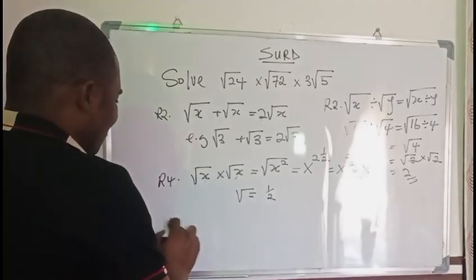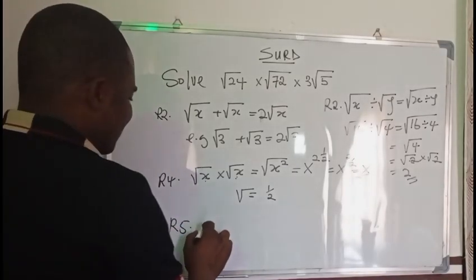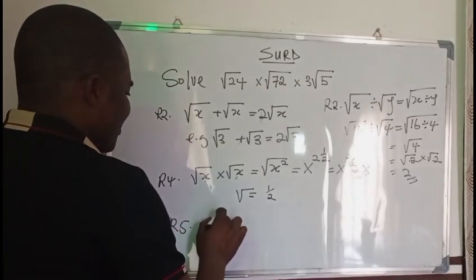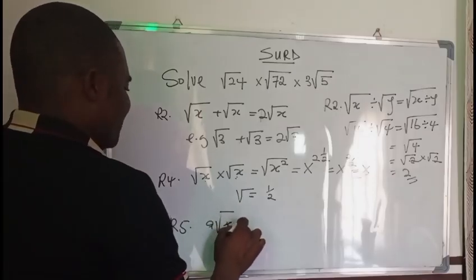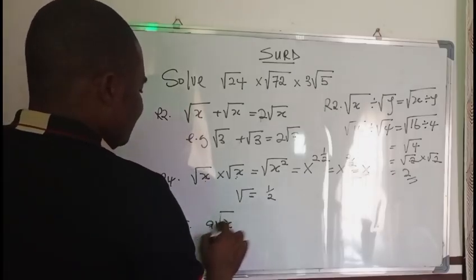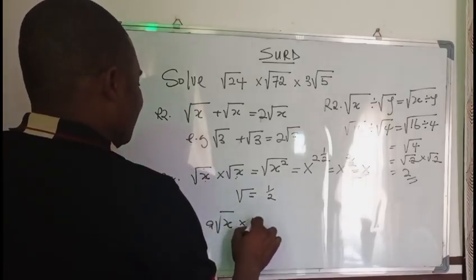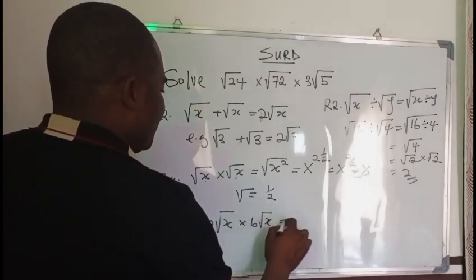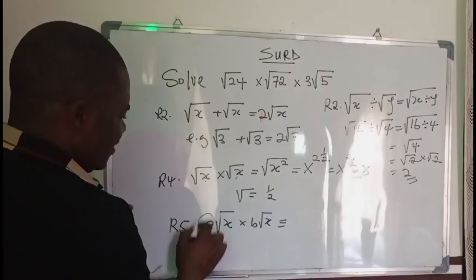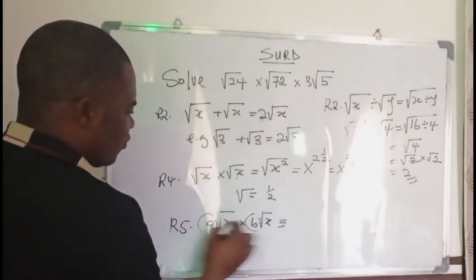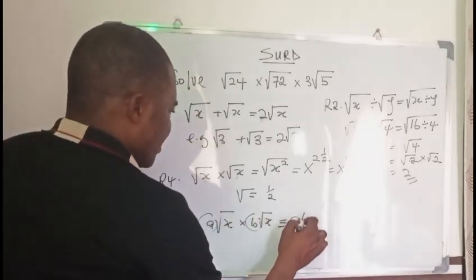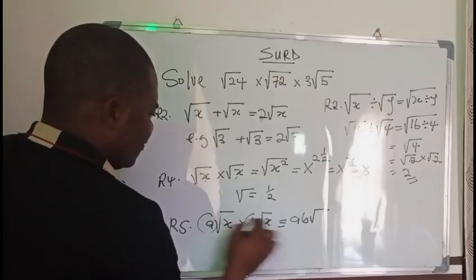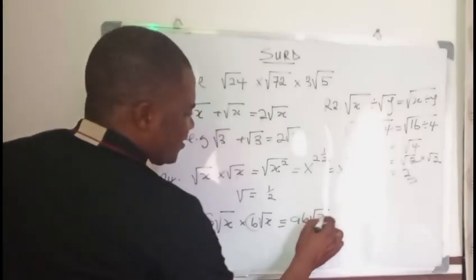Now there is another rule, rule 5, which says if you have a surd x and then you have times b surd x, what you will be having here is that these factors that are out will multiply themselves, so ab to the surd of the ones inside, which is x.